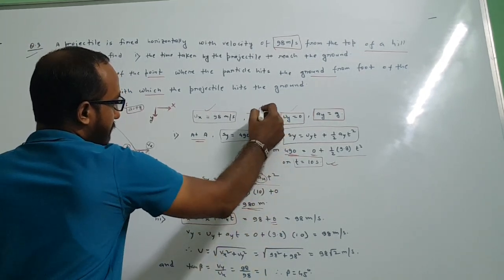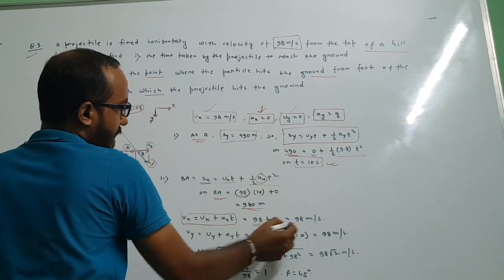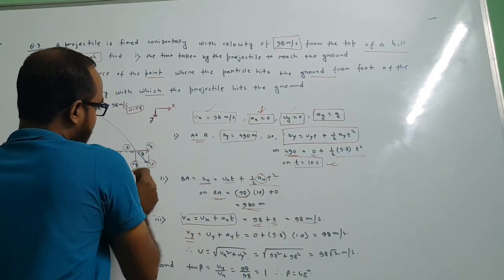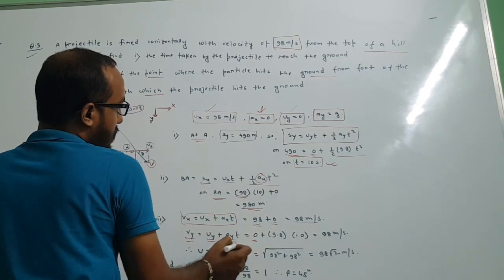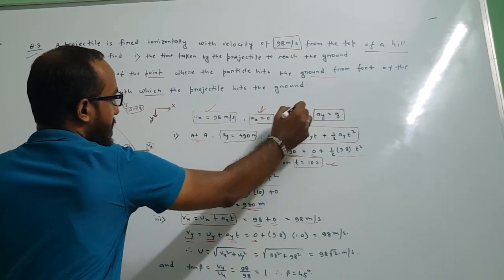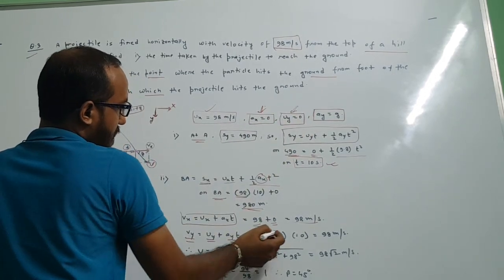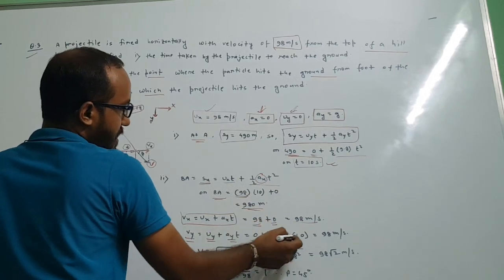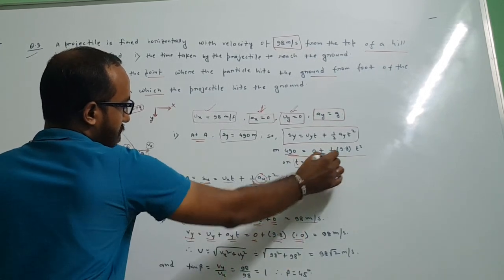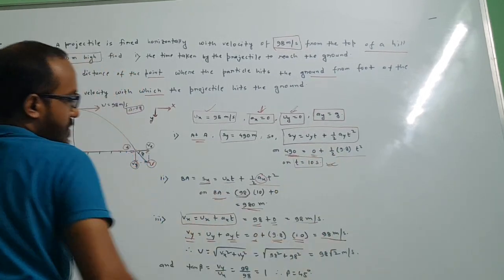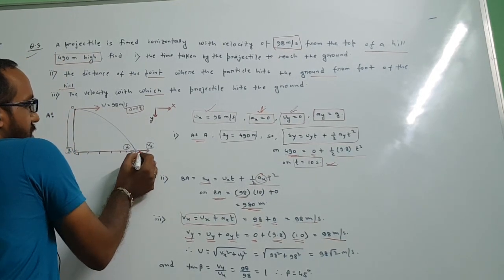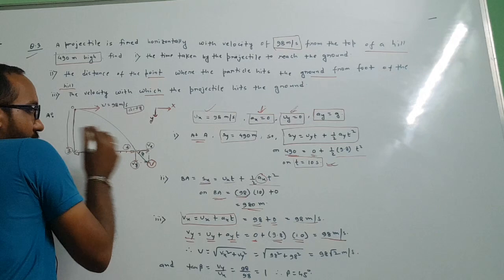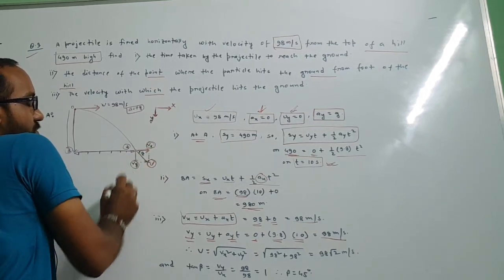Here ax is 0, so we have only 98 meter per second. Now apply Vy equals uy plus ay t. Now uy is 0 plus ay, which is g, and t we have calculated as 10 seconds. So this will also be 98 meter per second. We have assumed that the angle between the final resultant vector and the horizontal component is beta.